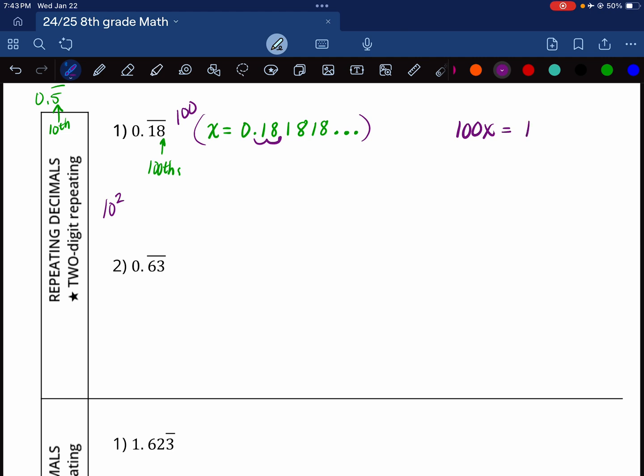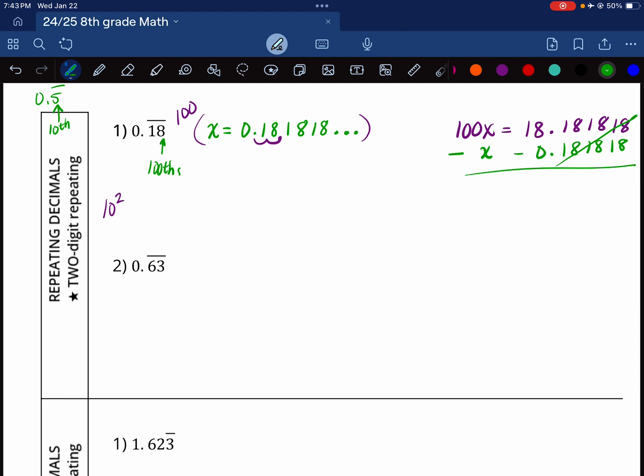So that gives me 18.1818, and I'll add the other 2 there. And then we're going to subtract again by the original, the first equation, x minus 0.181818. So you notice again, they're all lined up properly, and everything to the right of the decimal goes away.